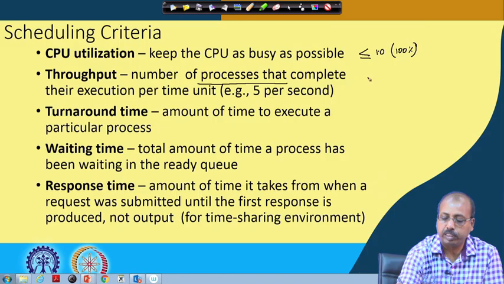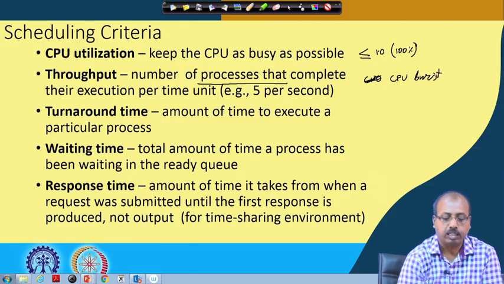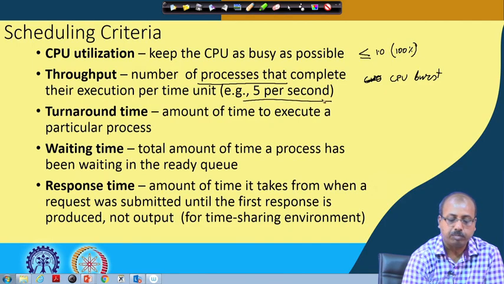We will be computing in terms of number of CPU bursts that are completed per unit time, and each CPU burst will be considered as one process for the sake of calculation. Or maybe we count the number of jobs completed per unit time. So, that is how many jobs are completed per unit time.